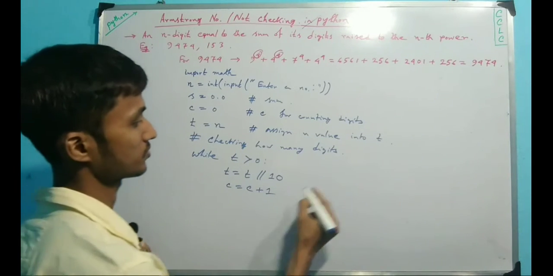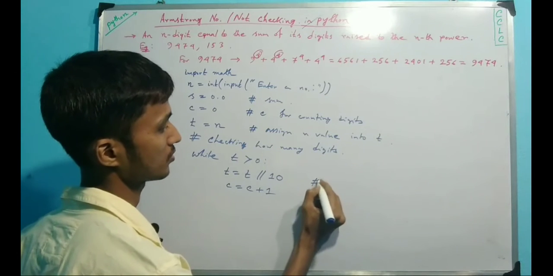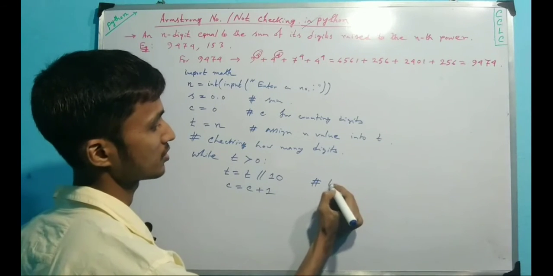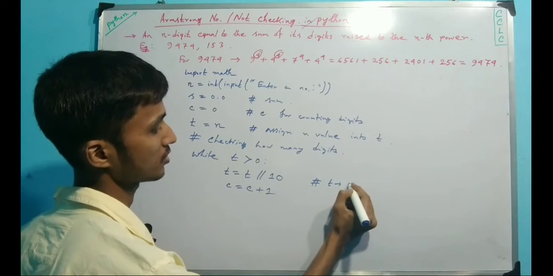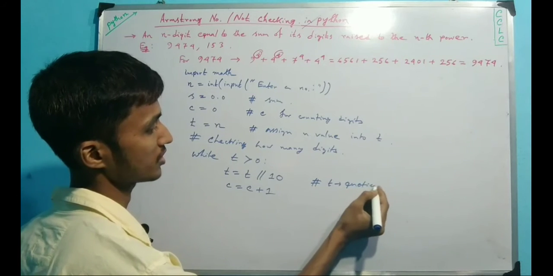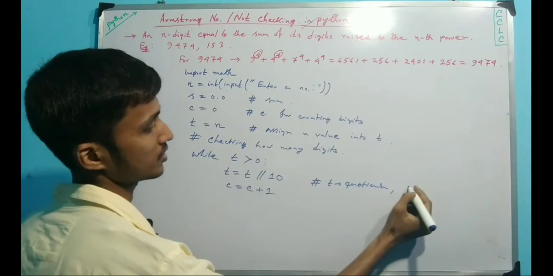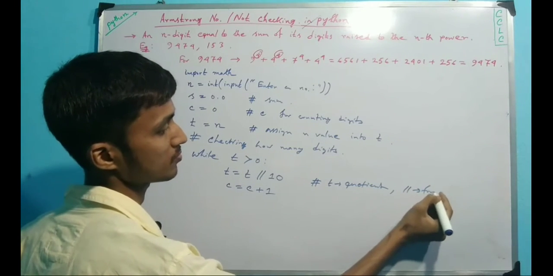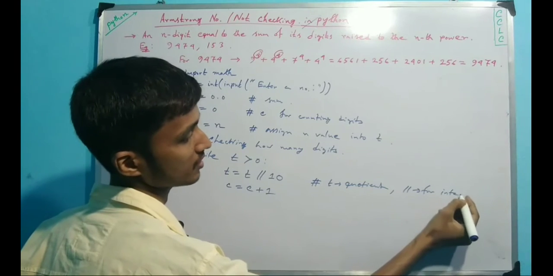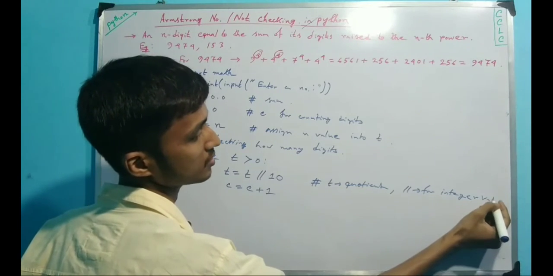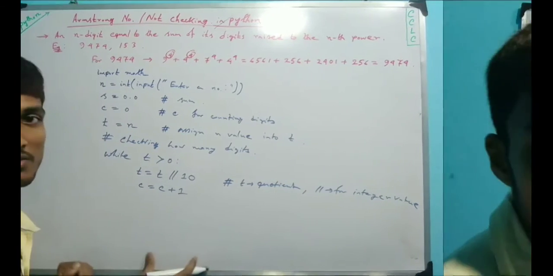Double slash, for comment line, t for quotient here, double slash for integer value, accept integer value.